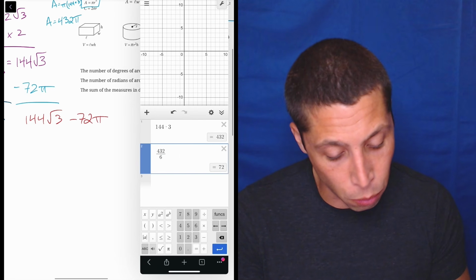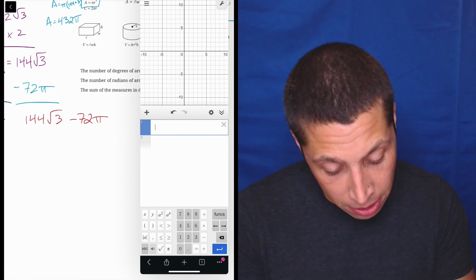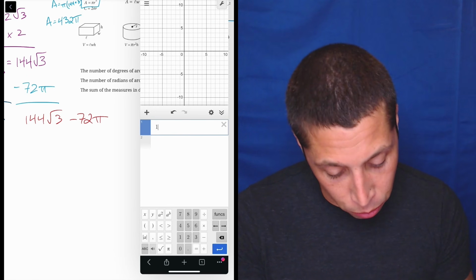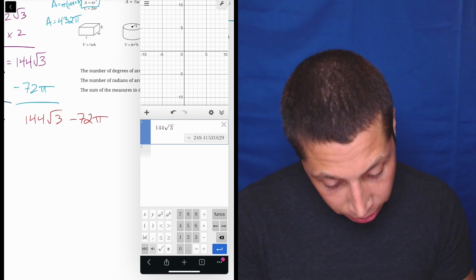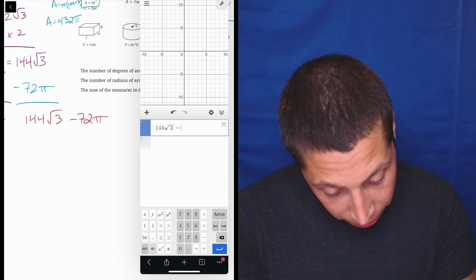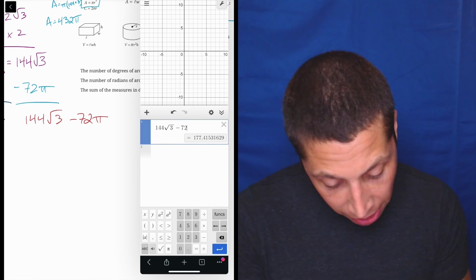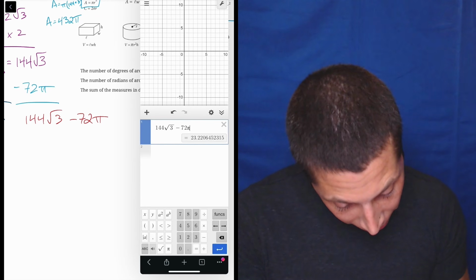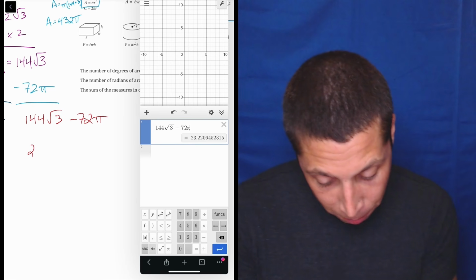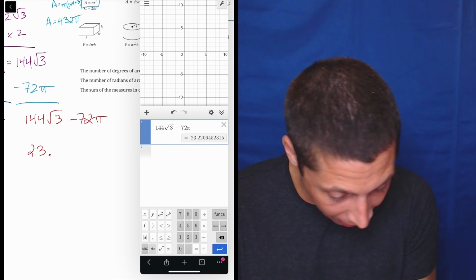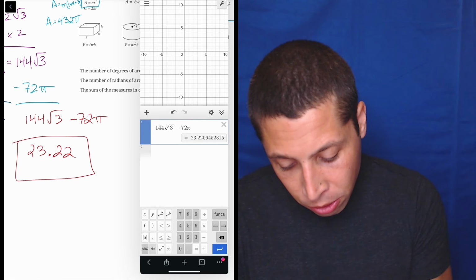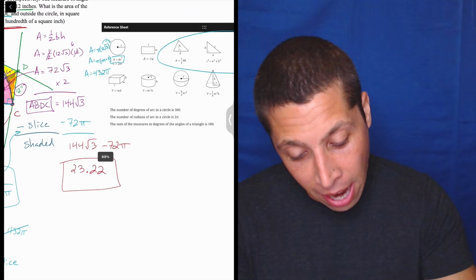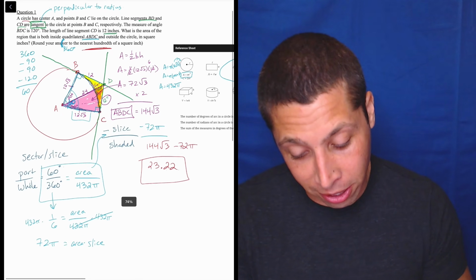So 144 root 3 minus 72 pi. 144 radical 3, and we got to click out of the radical there. Be careful with that. So 72 and pi is right down there. So that becomes 23 and then 0.22 because we're going to the nearest hundredth. So that is our final answer.